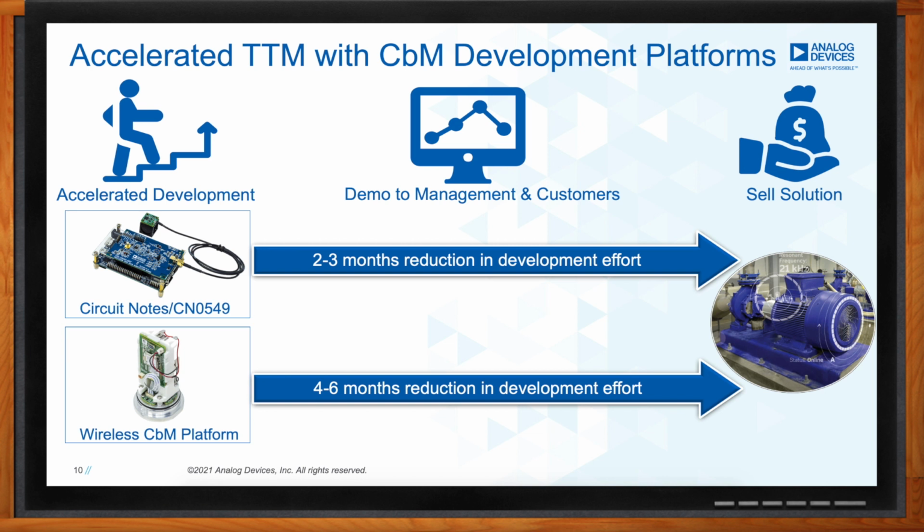And we looked at, for example, the circuit note CN0549, and the feedback was, a platform like this would reduce somewhere between 2 to 3 months of development effort, and a more complete platform like the Voyager 3 wireless CBM platform, given the fact that this comes in an IP-rated enclosure and it can be mounted directly onto the asset, the impact here is probably in the region of 4 to 6 months reduction in development effort.